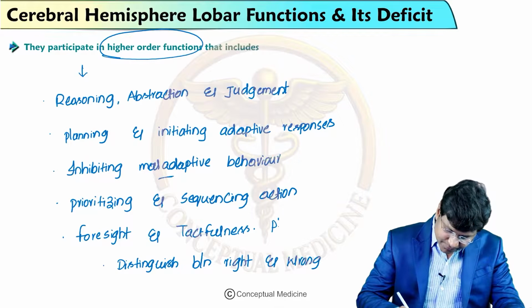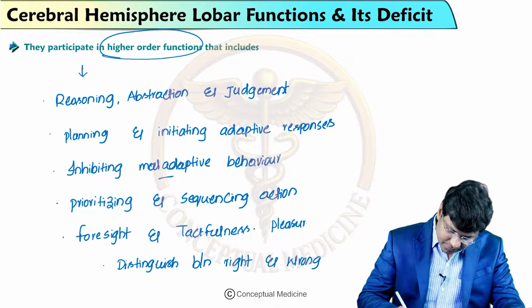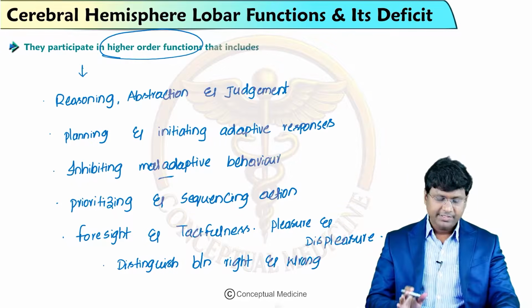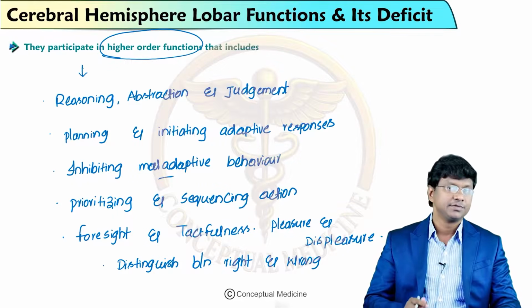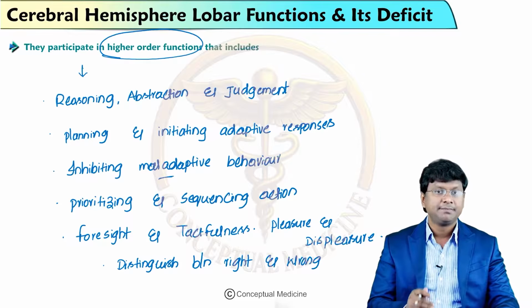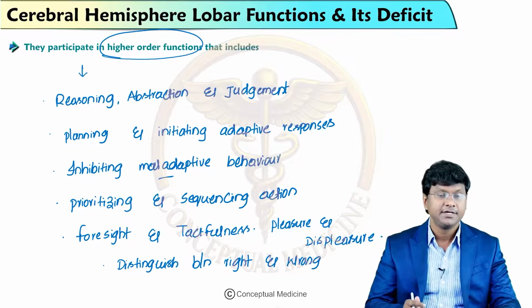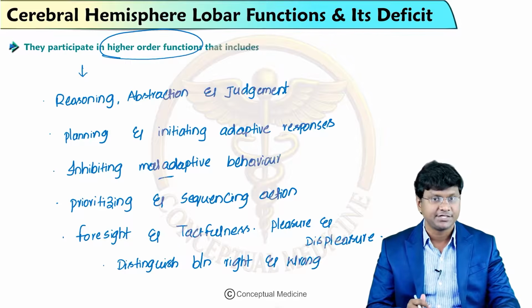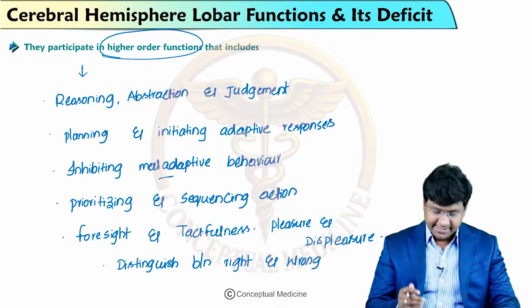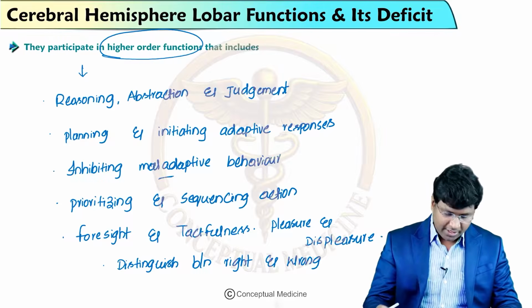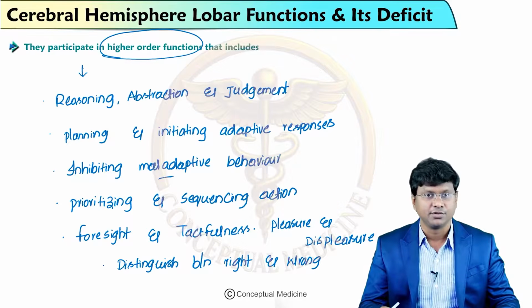And it also tells you what is pleasure and what is displeasure. Okay, so that is what is being done by the frontal lobe. Reasoning and abstraction, judgment, planning and initiating the adaptive responses, inhibiting the maladaptive behavior, prioritizing and sequencing action, foresight and tactfulness, distinguishing between the right and wrong, pleasure and as well as displeasure. So all that are being done by the frontal lobe.